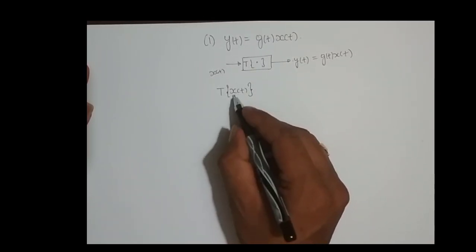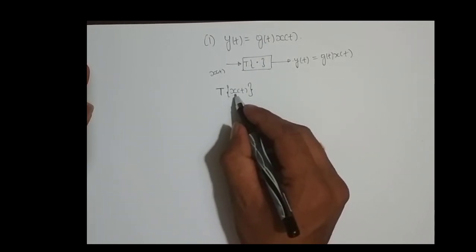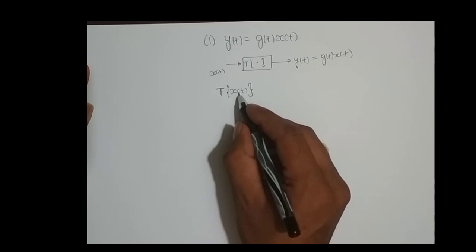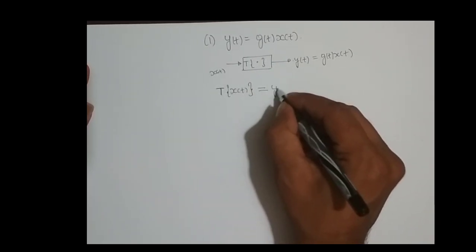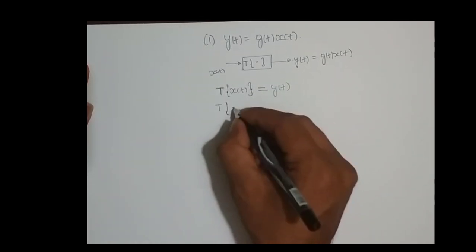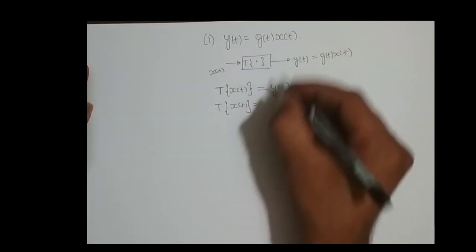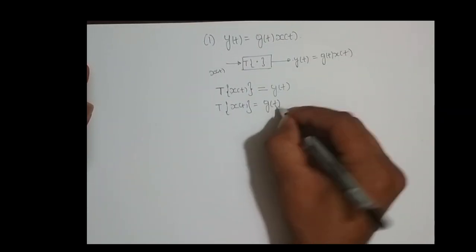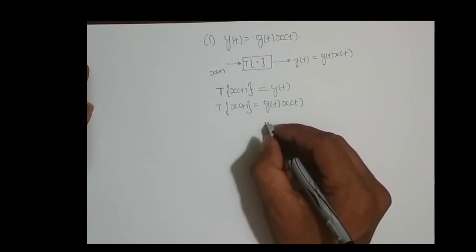And one more way to represent it is as a transformation of x of t. What do you mean by this? I have a system which does some transformation T, so I am feeding x of t as an input to this system and I get the output y of t. And I can write it as transformation of x of t is equal to y of t. And what is y of t? y of t is g of t into x of t, right?